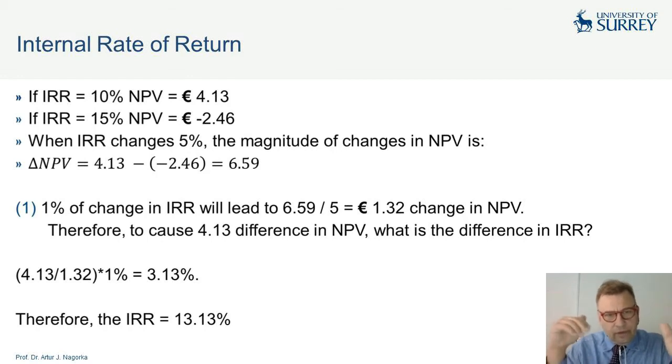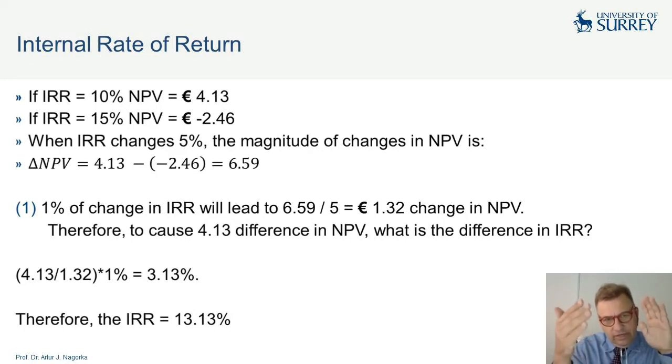So we could see what kind of difference in IRR could cause 4.13 euro, because at 10% we have a positive 4.13.